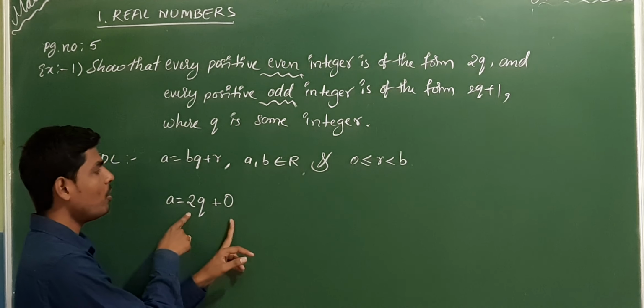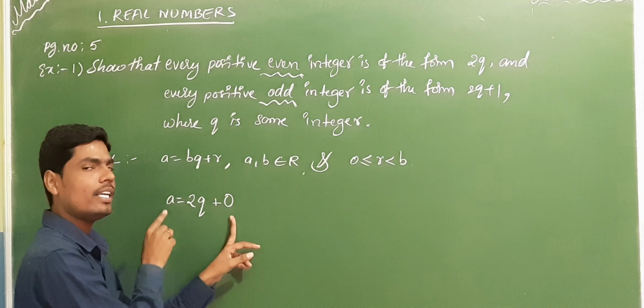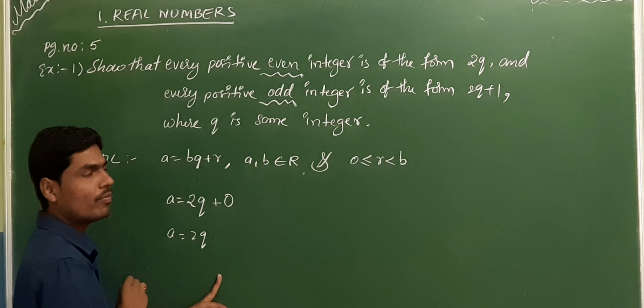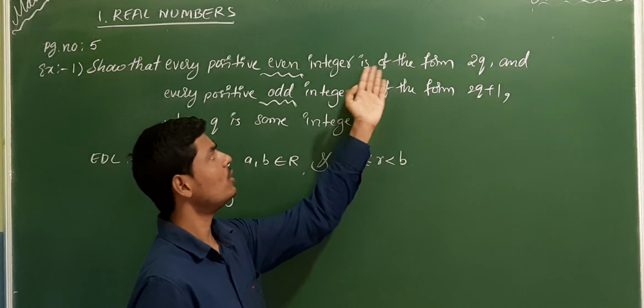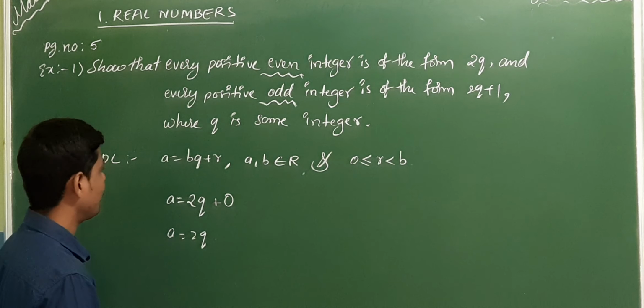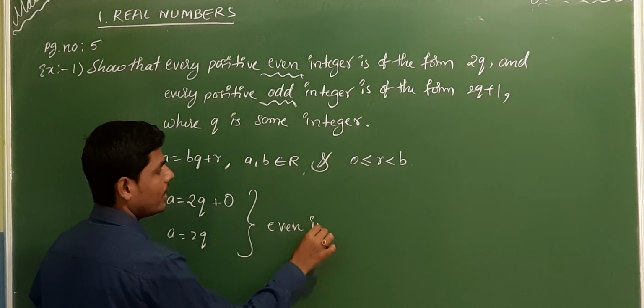Right? If it is exactly divisible by 2, that means if you get remainder 0, that is an even integer. That means a is equal to 2q. Yes, we need to prove that it is in the form of 2q. Yes, we got it. Next. This is for the even integer.